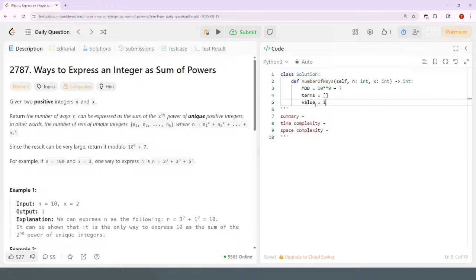You're increasing the base each time, so it's not like you're multiplying by the x value each time. So I think it's actually, base equals 1, while base to the power of x is less than or equal to n.